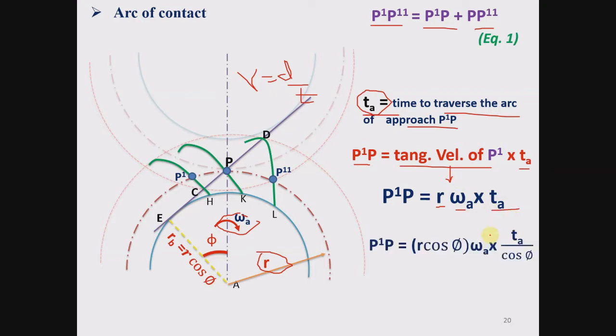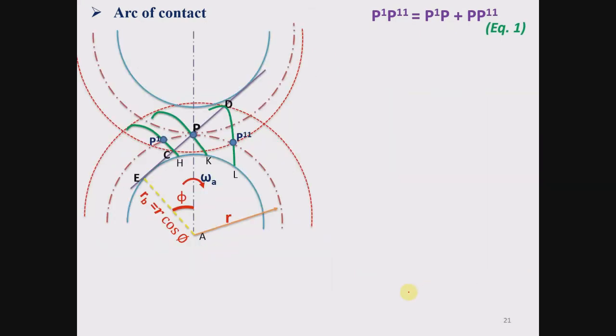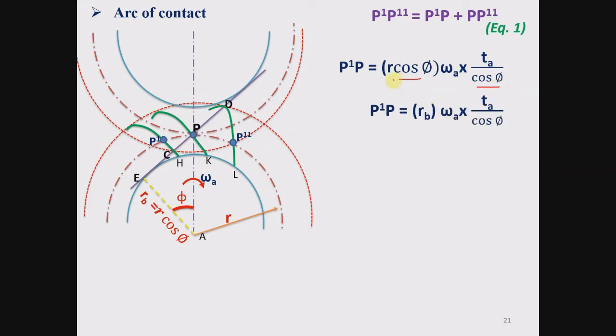Next, we have multiplied and divided the right hand side of this equation by cos of phi. We have done this purposefully to introduce the term RB. What we get? R cos of phi is nothing but the base circle radius, which is equal to RB.